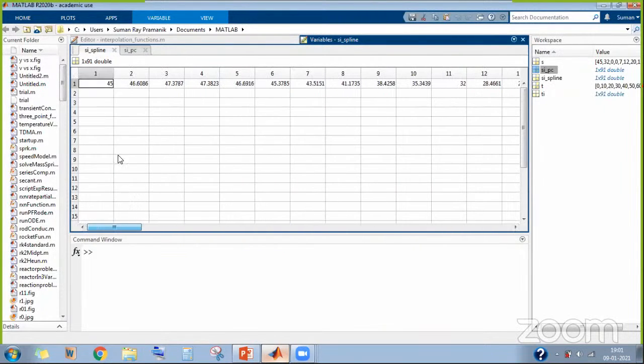You can also change the time interval. You can give a spacing of 2 also, so it will go from 0 to 2, 4, and so on. Then the values will be a little different, but you get the point. For the pchip also, it's doing the same thing. I have given it a vector of values where I want to find the interpolated values, and it's calculating them.